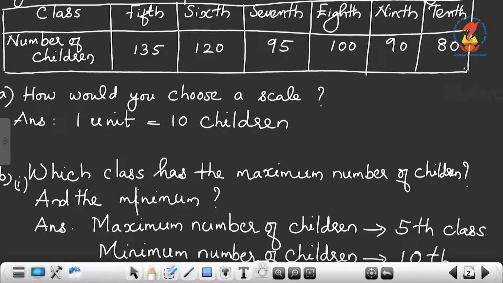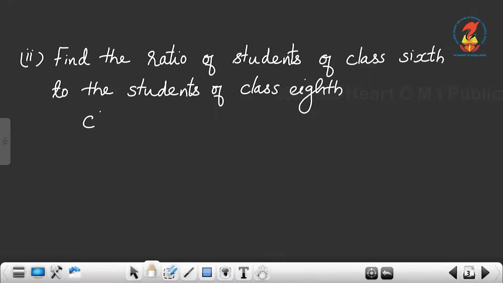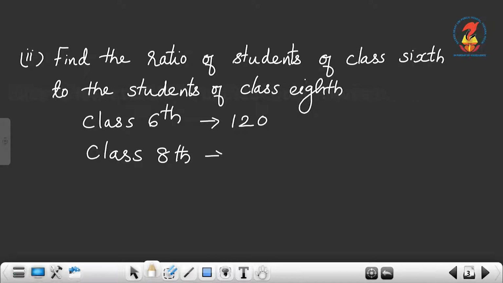Class 6th, we have 120 students, and class 8th, we have 100 students. And we want to find the ratio of students of class 6th to students of class 8th.